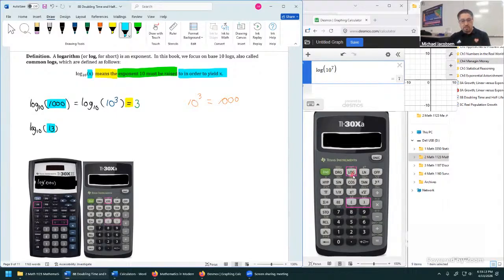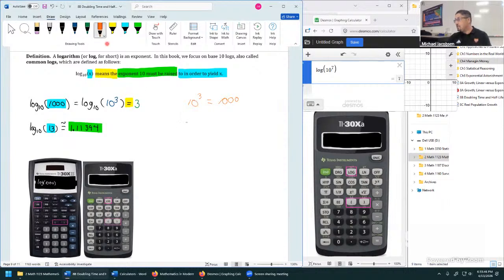And this is what I would get, let's take maybe 5 decimal places. Log base 10 of 13 is 1.11394. So that's kind of random. It's saying if you raise 10 to the power of 1.11394, keep in mind it was an approximation, so this isn't perfect, but 10 to that exponent should be really, really close to 13.